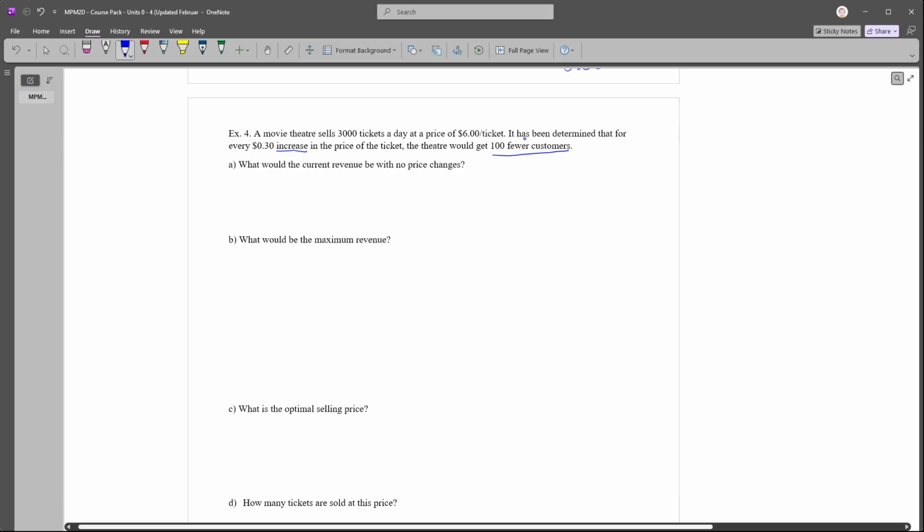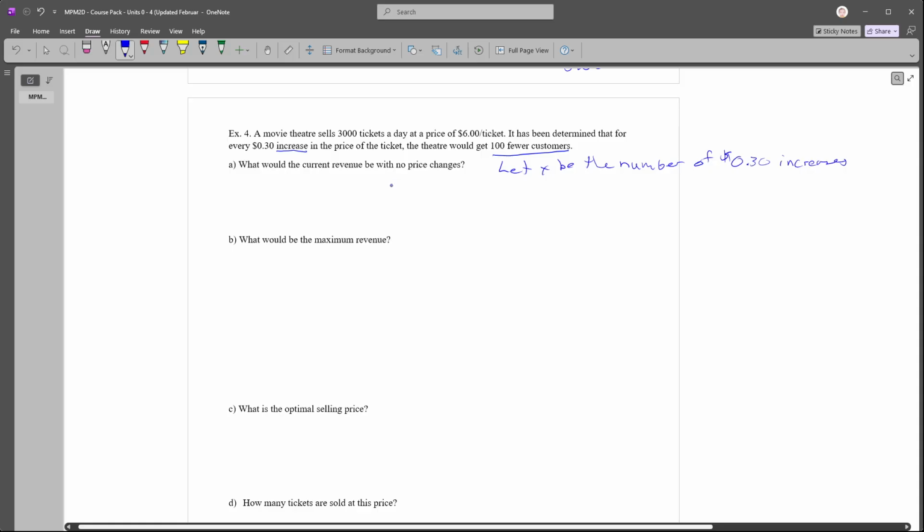We need to represent our unknown value. In this case, our let statement is going to be the number of 30-cent increases. So let x be the number of 30-cent increases.